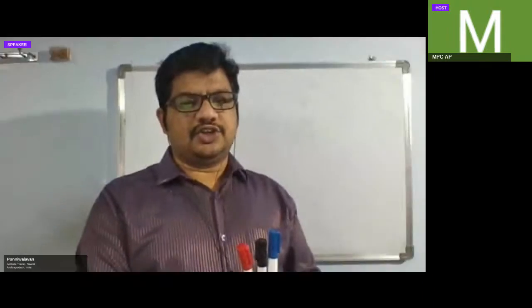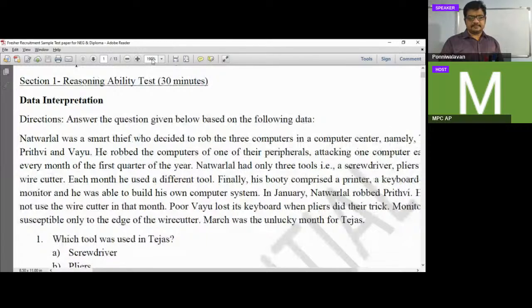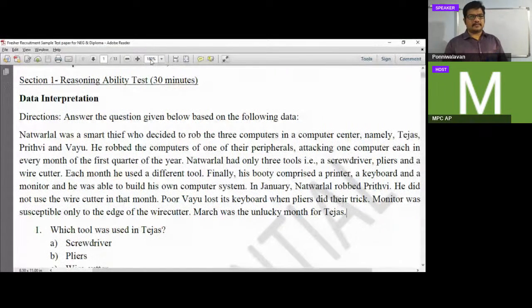Vayu. Okay, so he is going to rob 3 places: Tejas, Prithvi, Vayu, in 3 months: January, February, March.